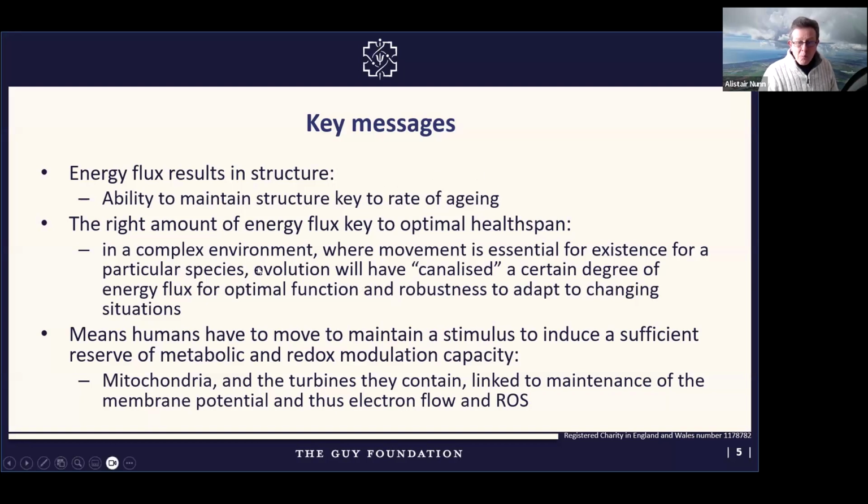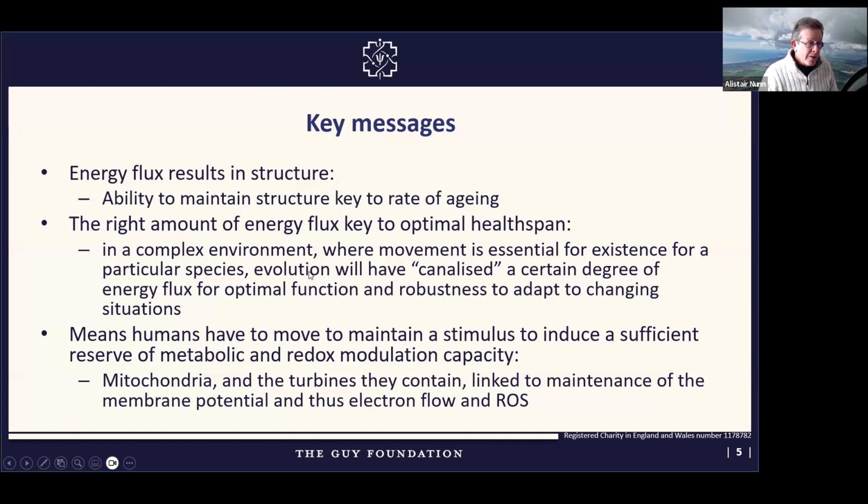And it kind of suggests that underlying life there is obviously a requirement for an energy flux to maintain structure. And when we start to think about movement, and of course we're talking about exercise and aging today, it would seem that movement is another mechanism to maintain dissipation. Some species, for instance humans, but other animals and creatures which move around, have probably become, through evolution, dependent on this movement to maintain their structure to some degree.